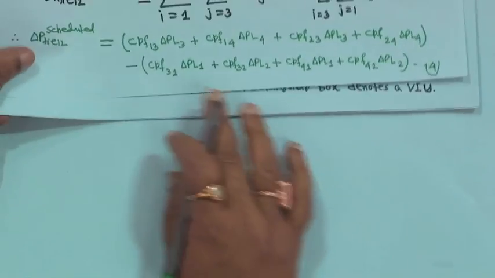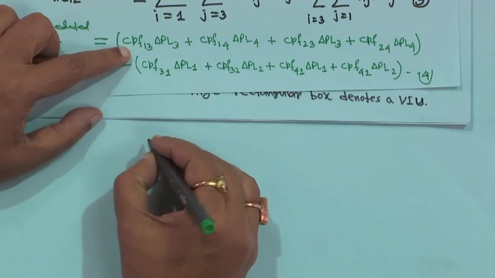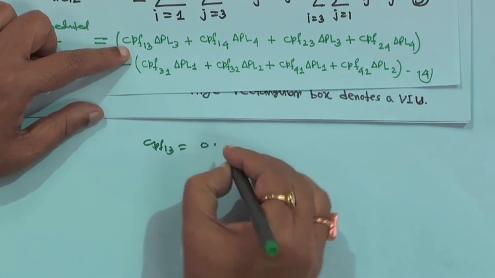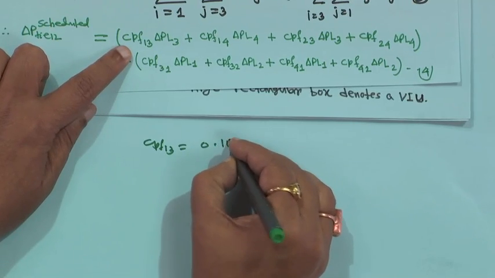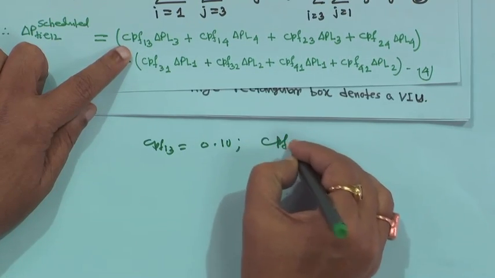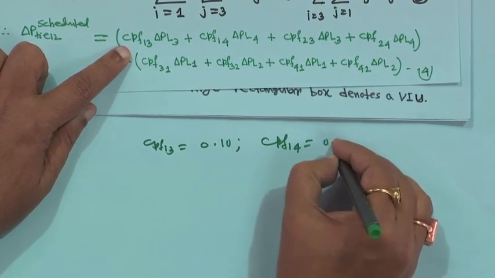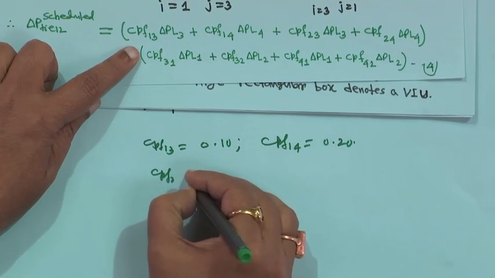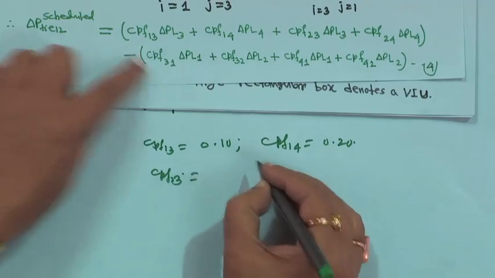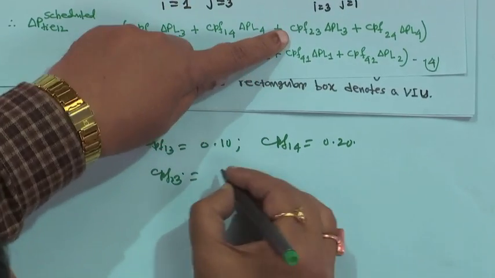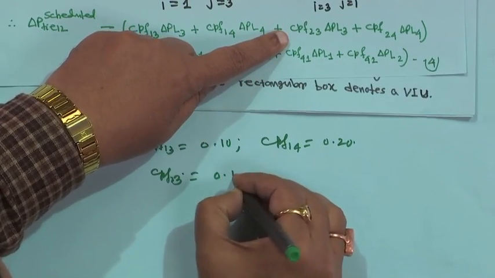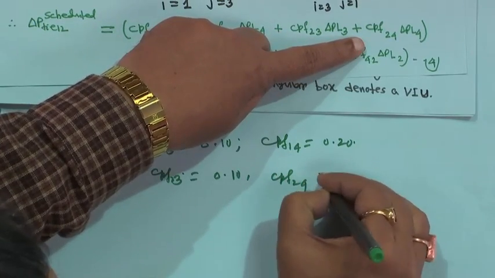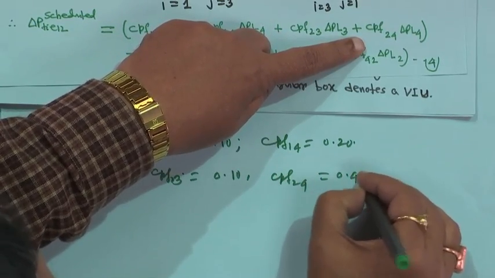For example, suppose for this example CPF 13 is some arbitrary value I am putting, say 0.10, then CPF 14 is 0.20, then CPF 23 is again 0.10, and CPF 24 is 0.40.